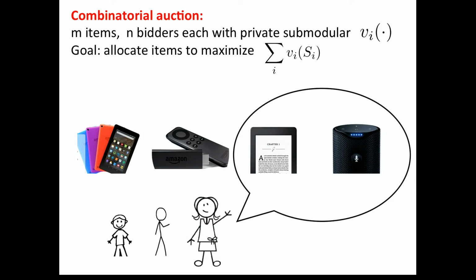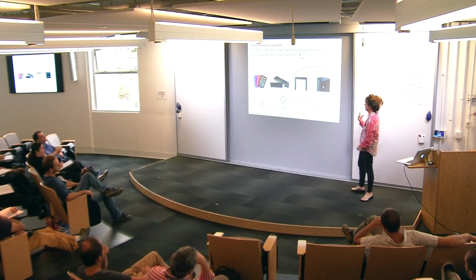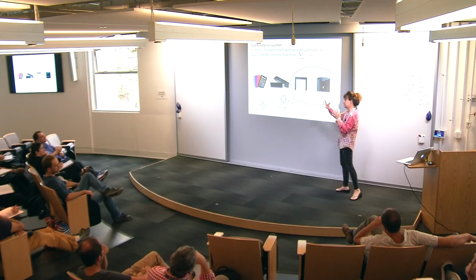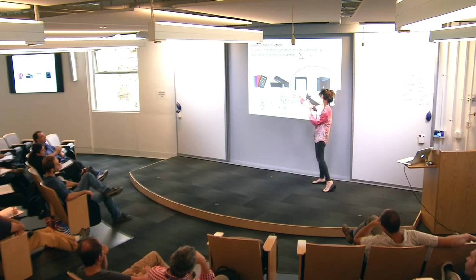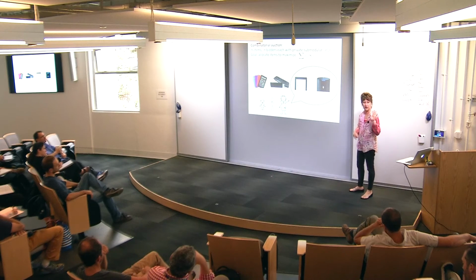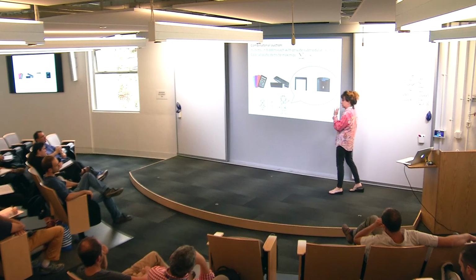Each of the bidders has a value for each subset of the items. And let's assume for now that these value functions are submodular, so there are decreasing marginal returns to an agent for larger subsets. Actually, the result I'm mentioning goes beyond this submodular setting, but this is just easier to understand.